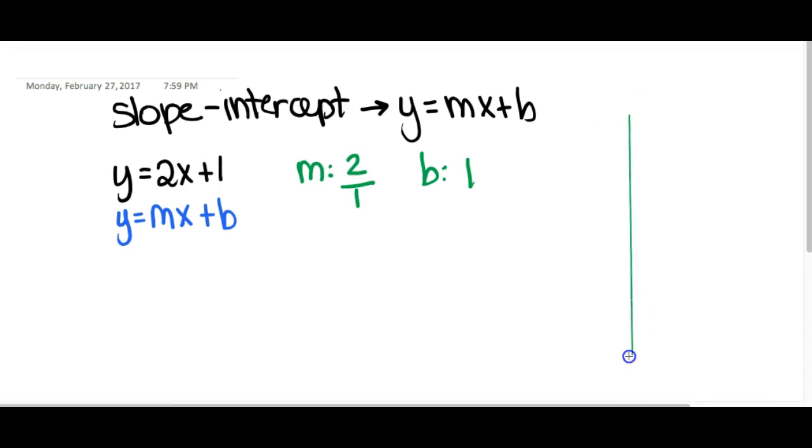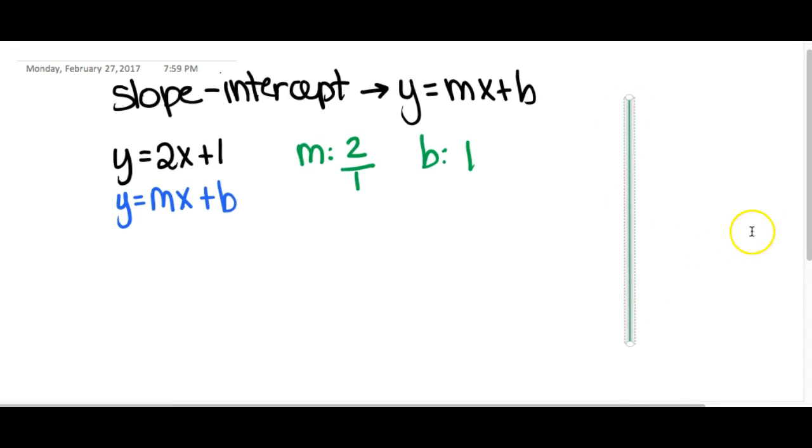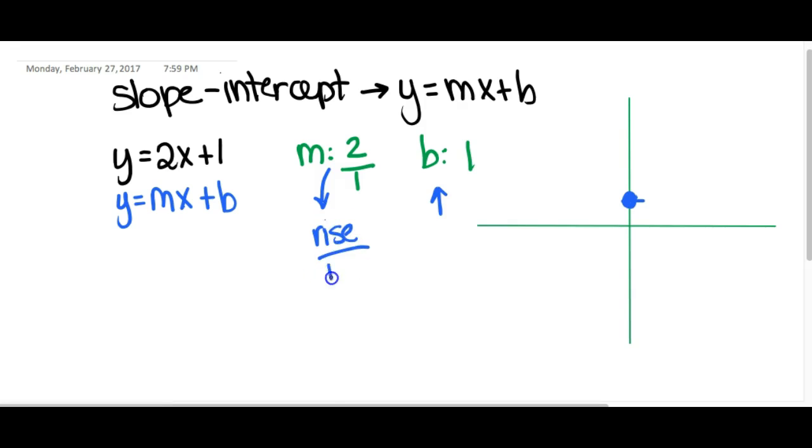So, in order to graph this, I'm just going to draw a generic graph, I apologize. We start at the beginning, so I'm going to go up to 1 on my y-axis. Now remember, this is really rise over run.